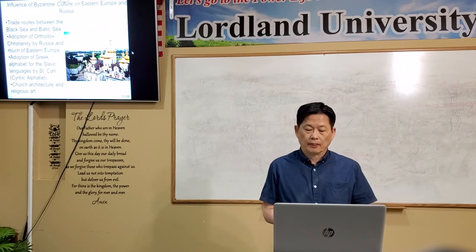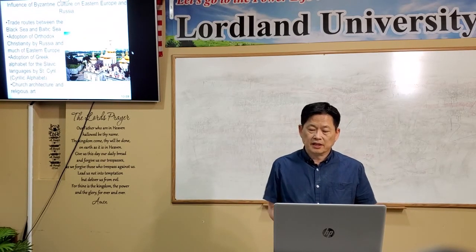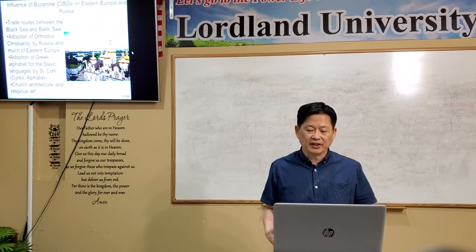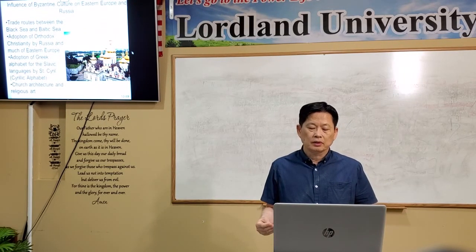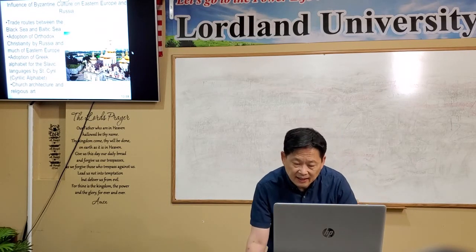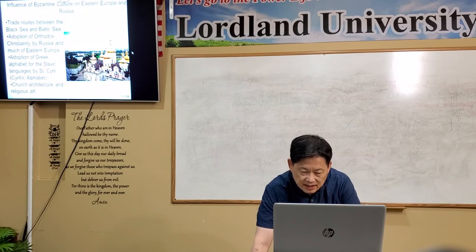Kievan Rus adopted the Greek alphabet for the Slavic language, created by Saint Cyril.